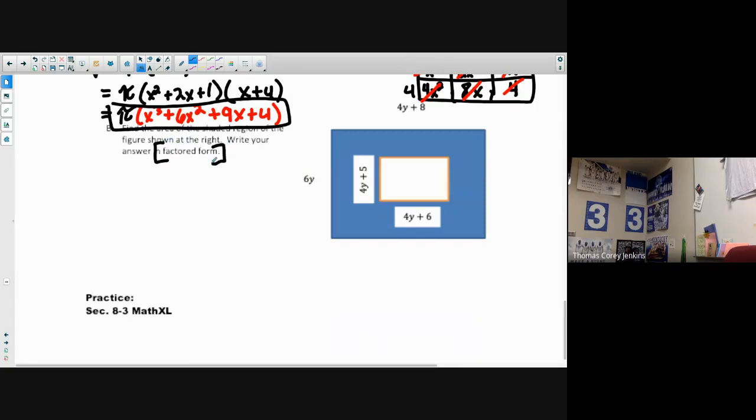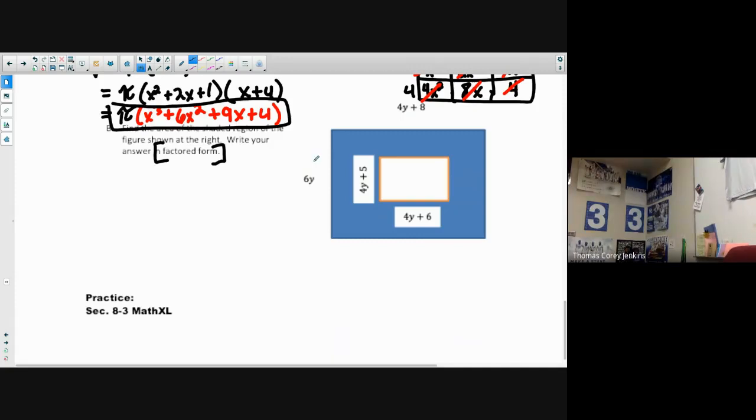All right, so shaded region, we've already talked about this. We want to do the big rectangle minus the small rectangle. All right, and these aren't really rectangles. That's just so you can see the dimensions. All right, so my big rectangle is 4y.